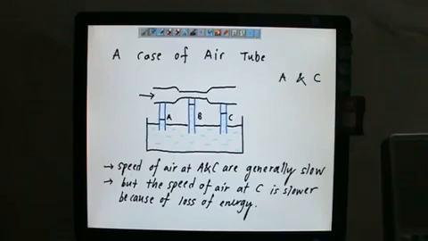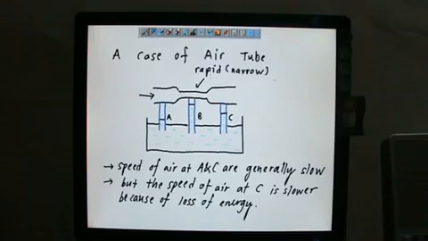The speed of air at A and C is generally slow, because in a wide tube the airflow inside is very slow. But for a narrow channel like at B, you have a case of airflow really rapidly, because it's in a narrow channel. In a narrow channel like this, it will move very fast.